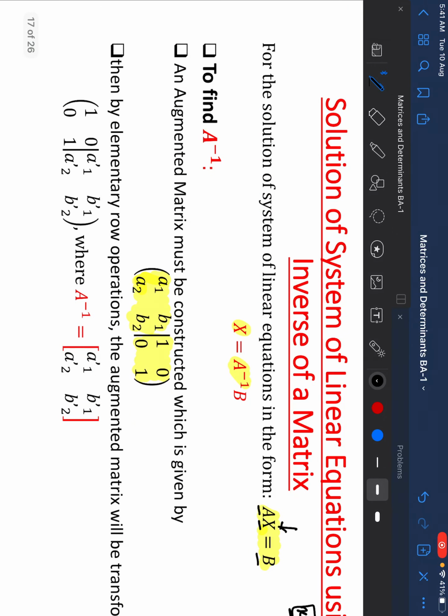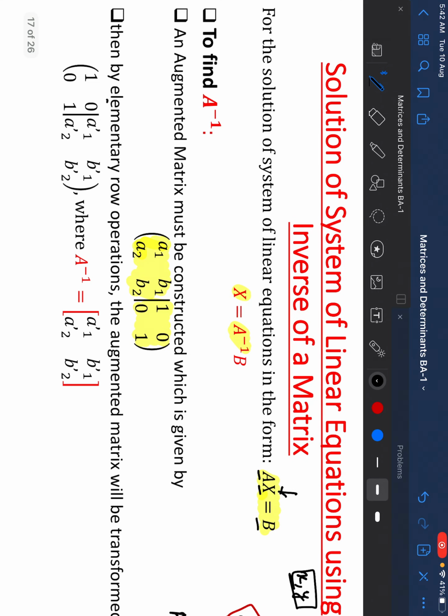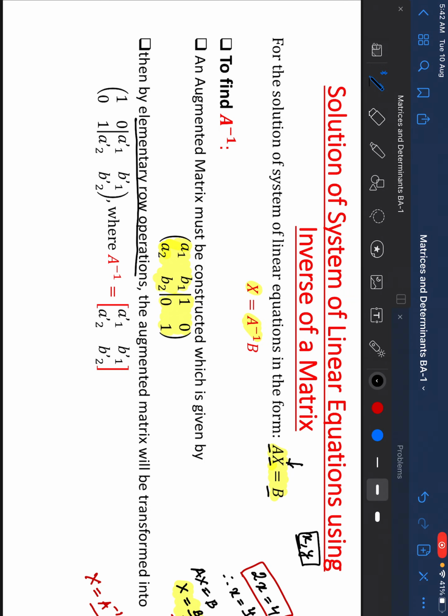Then after forming the augmented matrix, by elementary row operations, which we haven't learned yet but will learn after this lesson, the augmented matrix will be transformed into this.